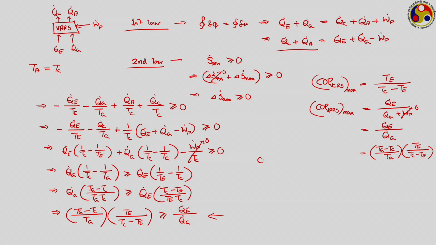So, COP for the VARS max divided by COP for the VCRS max, then what it will be? Just dividing this expression with the COP for the equivalent VCRS, we have Tg minus Tc upon Tg, which is always less than 1, and therefore, COP for the VARS is always less than that of the VCRS, because Tg always operates at a temperature much higher than the condenser or evaporator temperature.